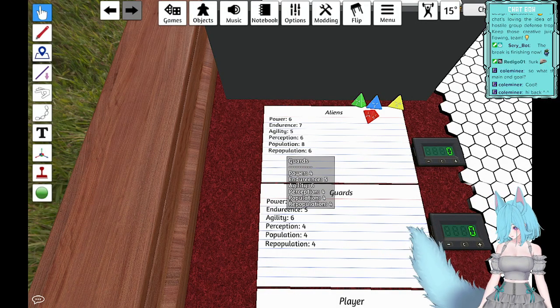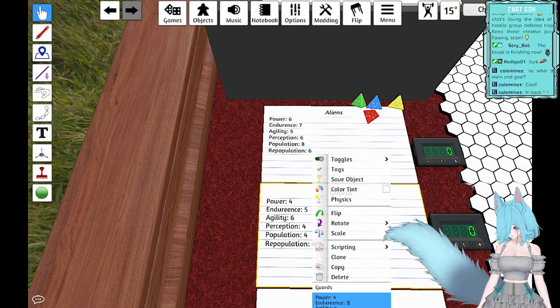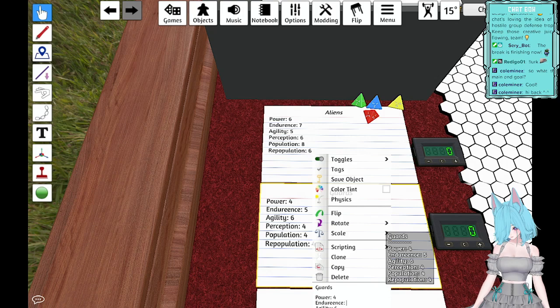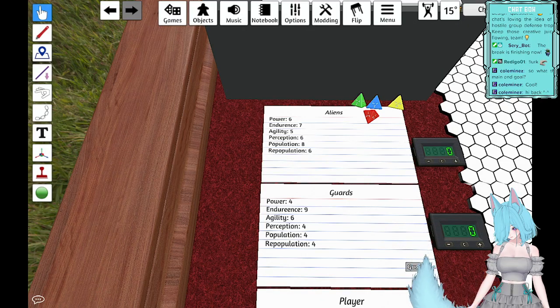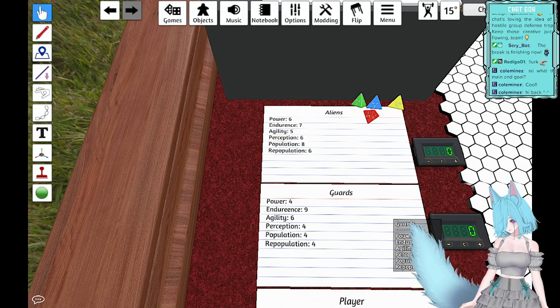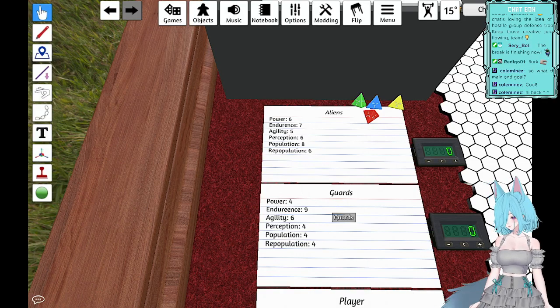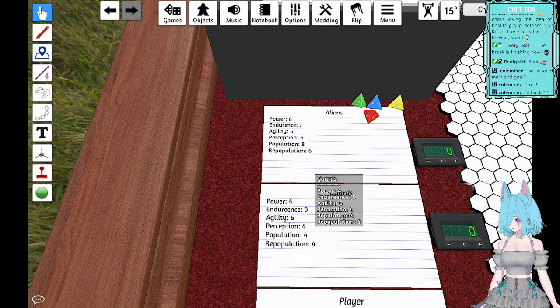So let's use all of our resource to give them the kill power, to outlive the aliens.